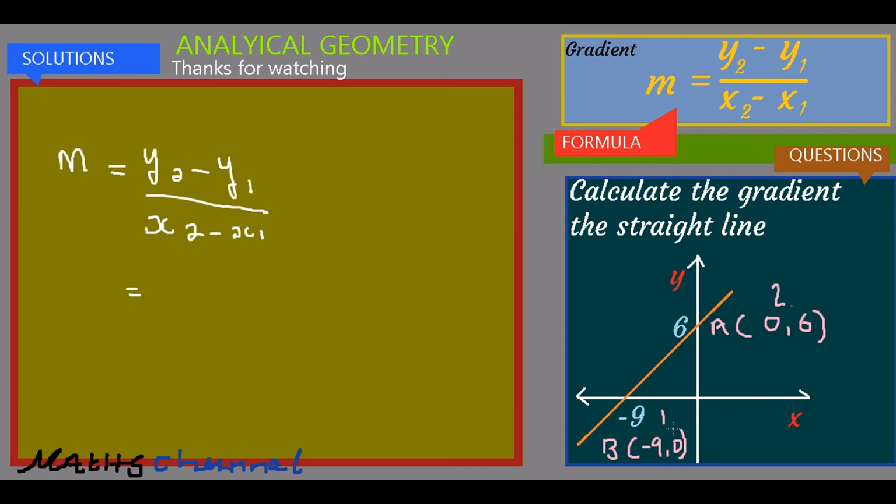So y2 is 6, y1 is 0, x2 is 0, x1 is negative 9.